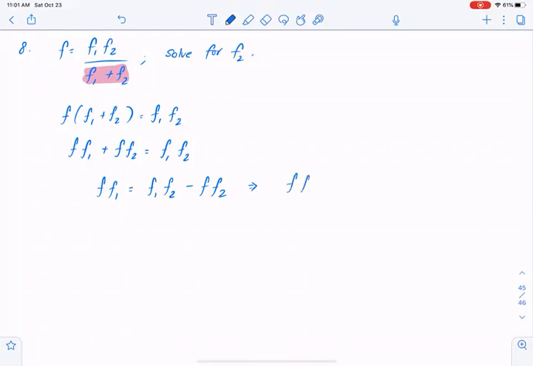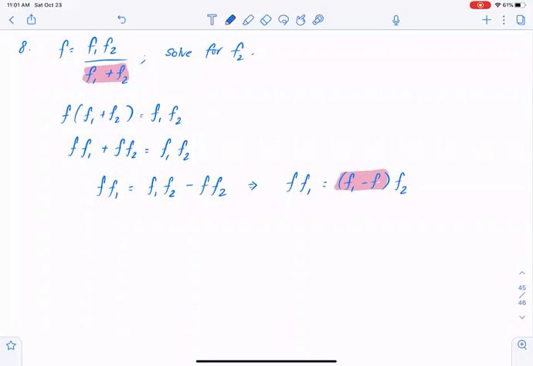So F times F1 would equal F2 times F1 minus F. I'm pulling out the F2 that is in common. If I divide by that term on both sides, I will end up getting F2 by itself. So F times F1 divided by F1 minus F would be equal to F2.